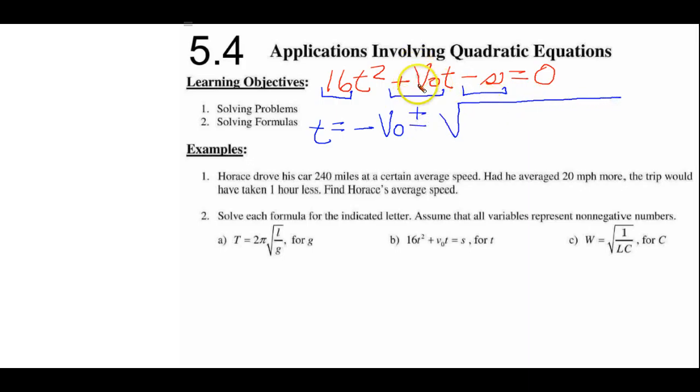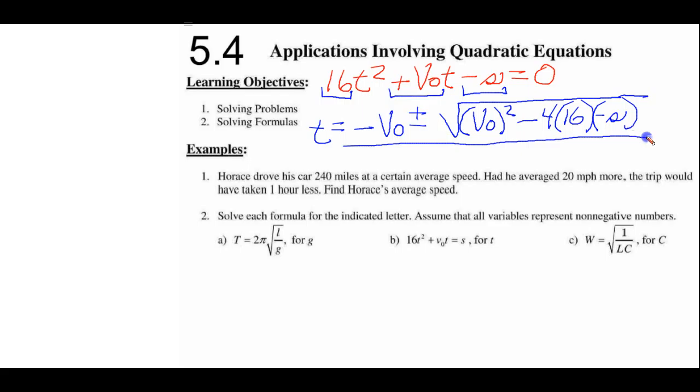Now, B is V sub O, or initial velocity. To keep that so we square it, we have to put it in parentheses. And then minus 4, which is in the formula, A, which we said was 16. And C, which we said was negative S. All over 2a. So 2 times 16 is 32.